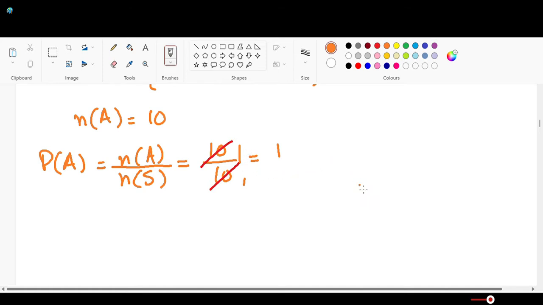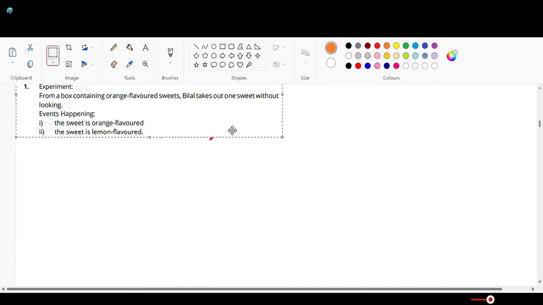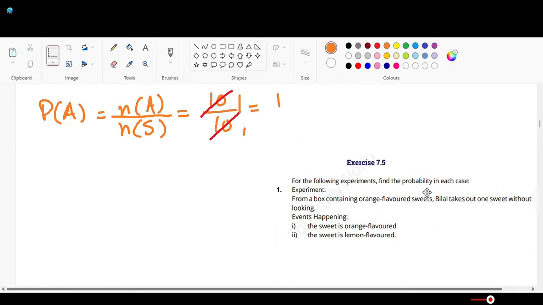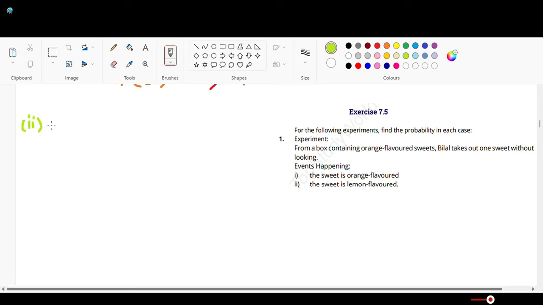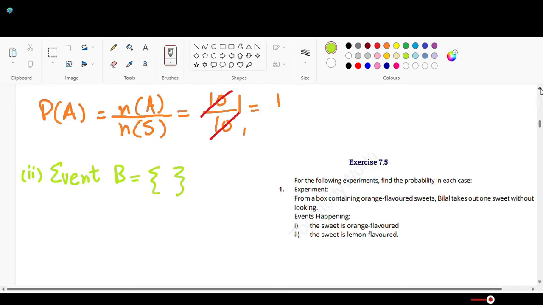And now what is the second part? The second part asks what is the probability of there being a lemon flavored candy. So I'm going to name it event B. Event B is an empty set, because there are no lemon flavored sweets.